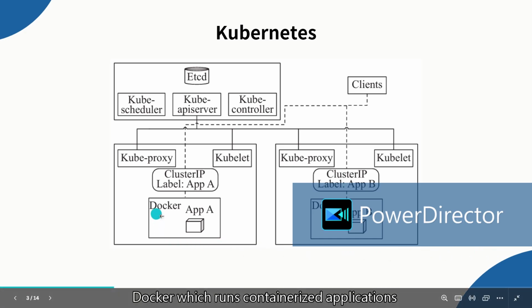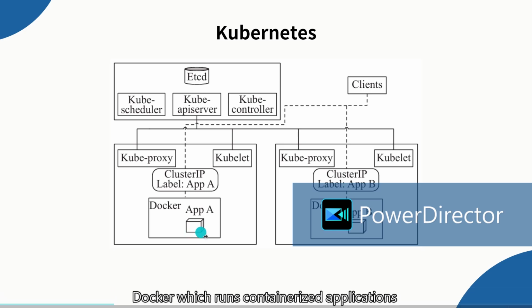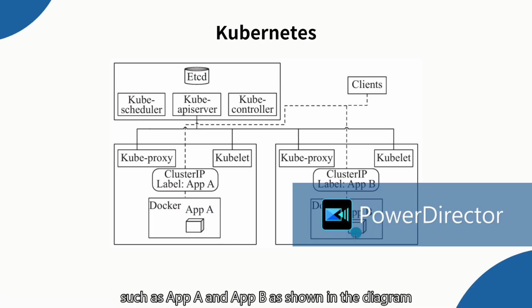Docker, which runs containerized applications such as app-A and app-B, as shown in the diagram. A pod is the smallest deployable unit in Kubernetes, and each pod can contain one or more containers. Users or external systems interact with Kubernetes through the API server to submit workload requests or manage cluster resources.